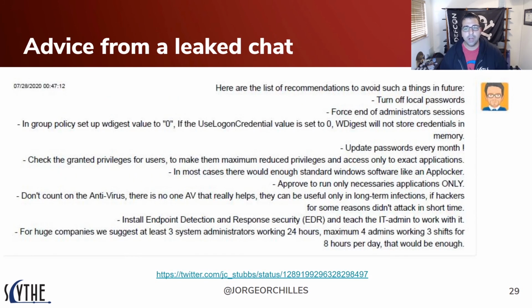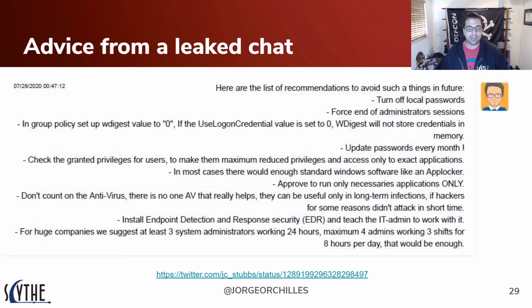I do want to point out another organization that was recently breached called CWT. They are an enterprise, a corporate travel organization, and their chats with the malicious actor were leaked. In this case, they actually paid $4 million to get access to their files.